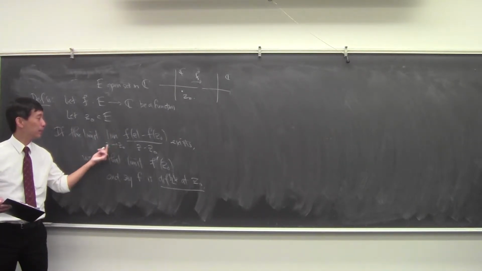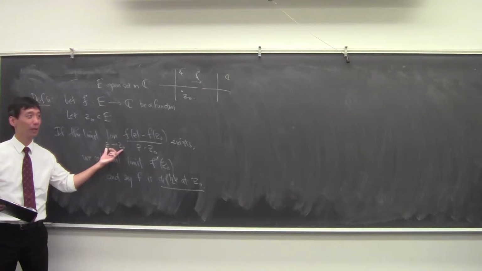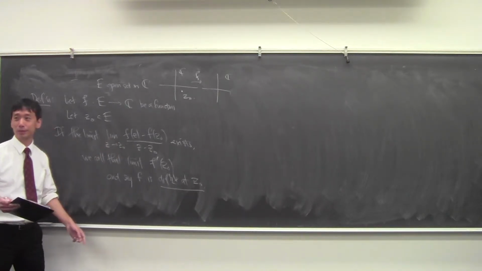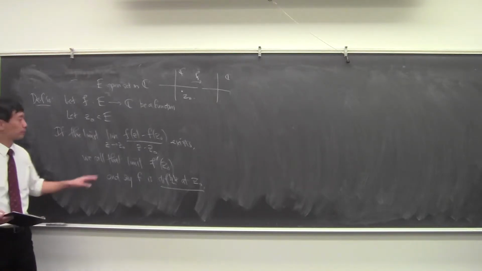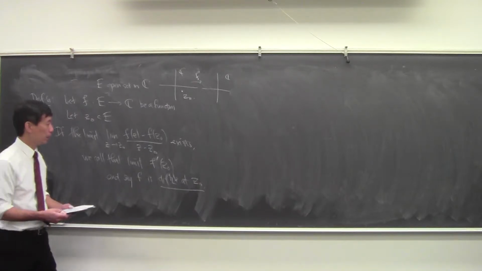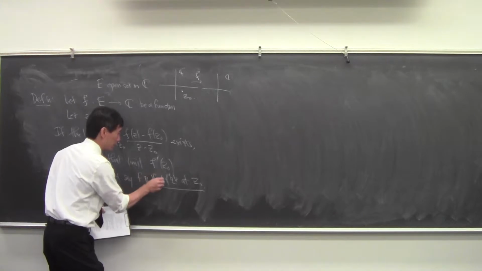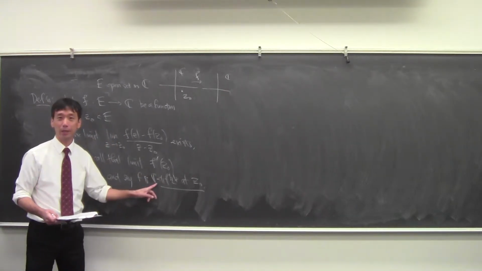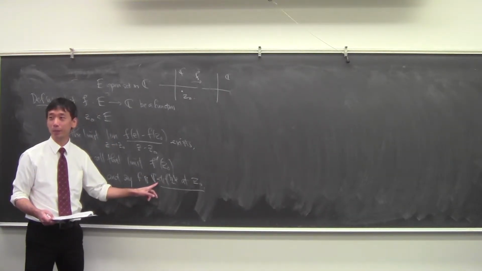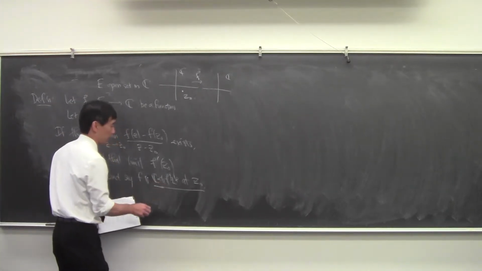The thing is that this is approaching in C, right? As z approaches z naught in the complex domain, rather than in the real. Okay. Just so that we don't get confused, I'm going to call this thing complex differentiable, to distinguish it from our previous notion of differentiability.